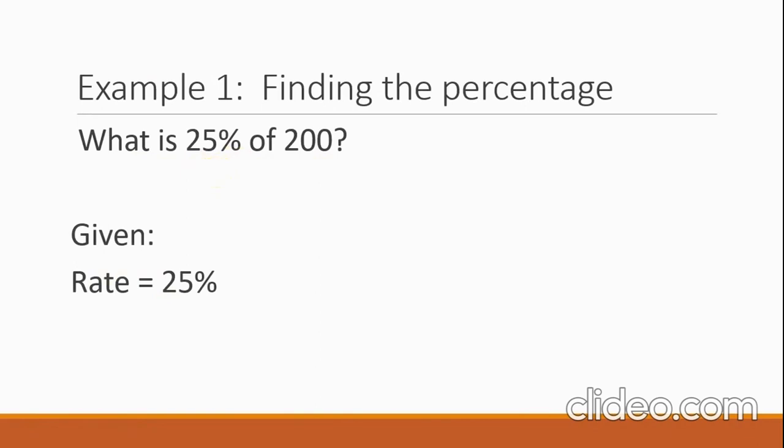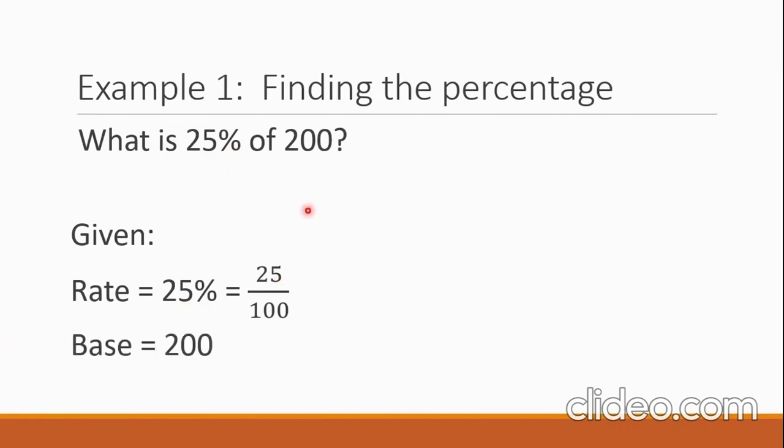So the rate is equal to 25%, and the 25% can be written as 25 over 100. That is the equivalent of this 25% into fraction. Next is the base. So this 200 here is our base. Of course, what is required here is the percentage.